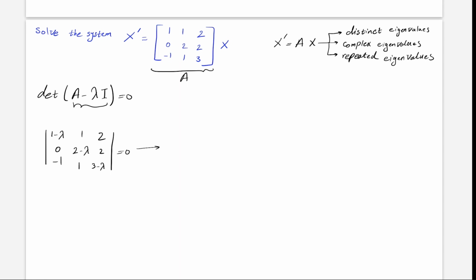So from here, we need to find the determinant of this matrix.